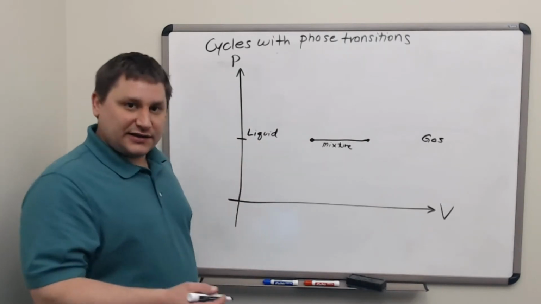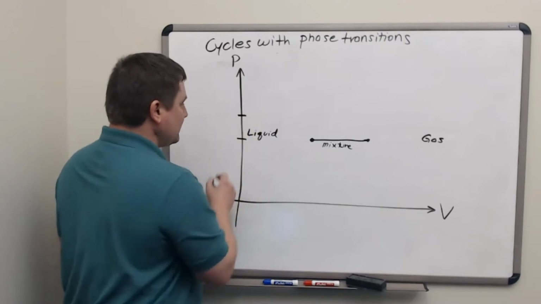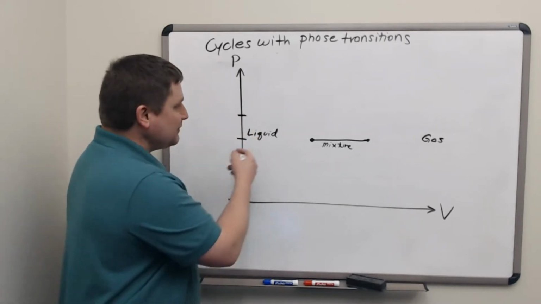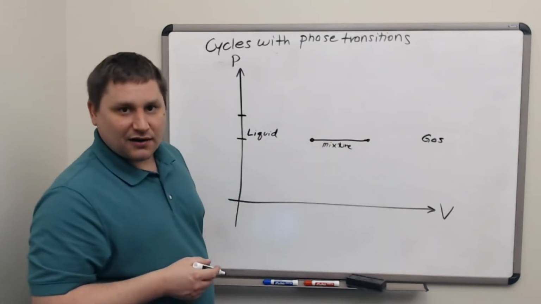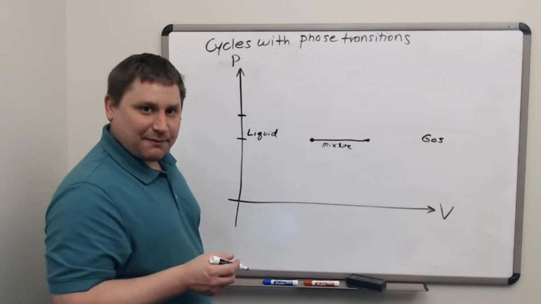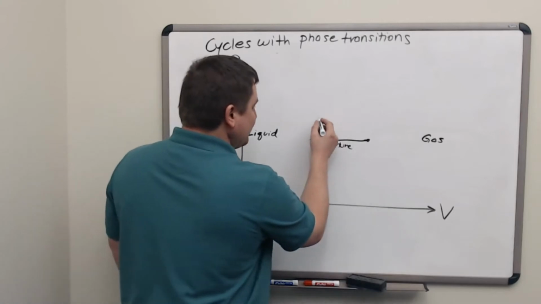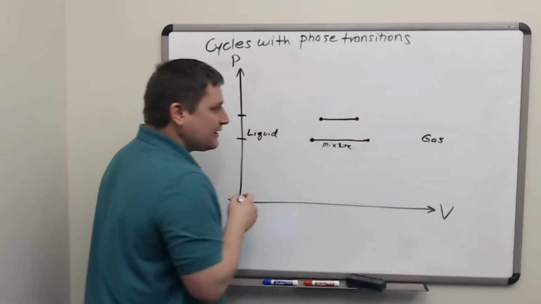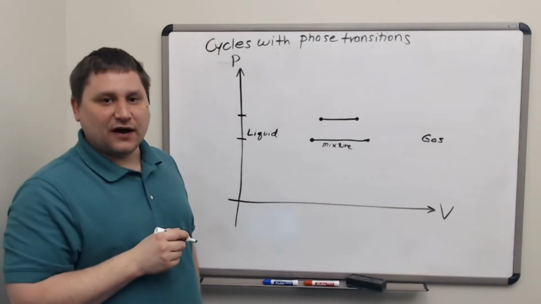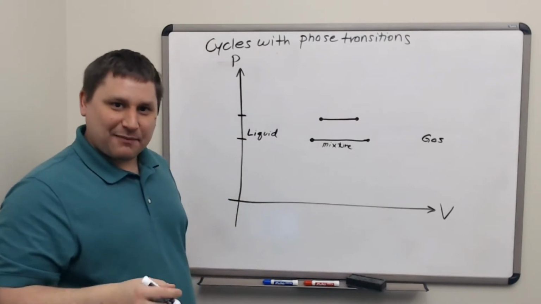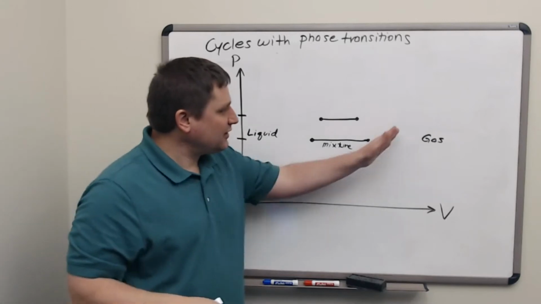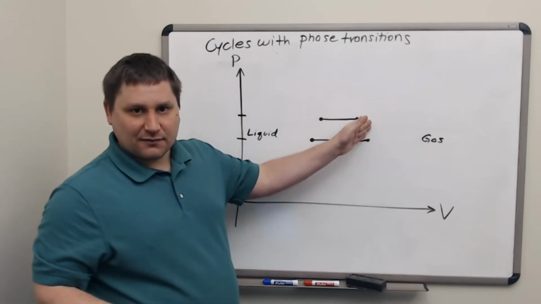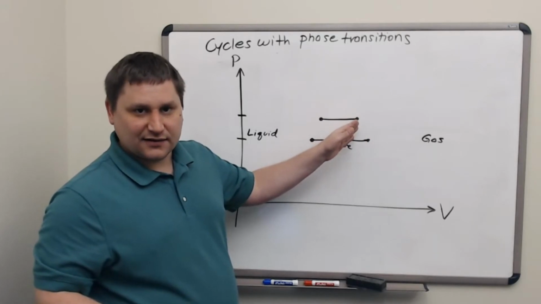If we consider a different pressure, let's say one that's a bit higher, we get a similar type of diagram, except for the fact that the mixture does not exist for as wide of a range of volumes. Why does this happen? We're at a higher pressure, so the gas can remain as a gas for longer before it reaches that conversion point.